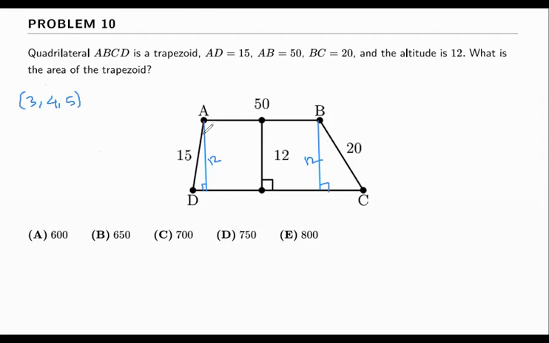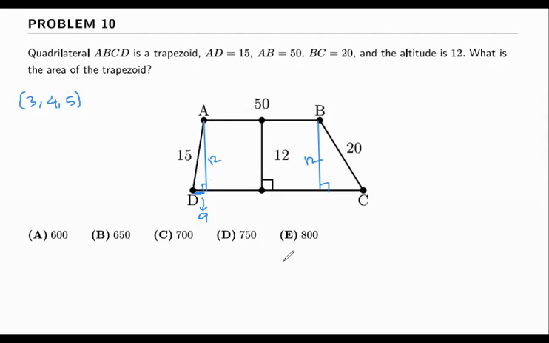If you look at the 15, the hypotenuse, the largest side, 5 times 3 is 15. If you multiply these numbers by 3, you get 12 and 9. So 12 is right there, which means these two are multiples of 3, 4, 5. That means this piece right here has to be 3 times 3, which is 9.